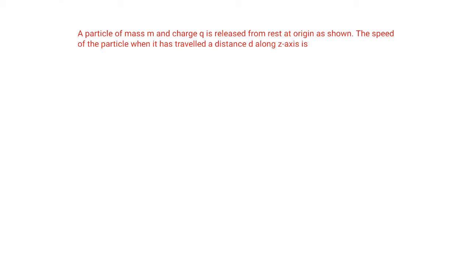Okay. The diagram: this is y, this is x, this is z. Here we have B naught, so m comma q, and here we have E naught.